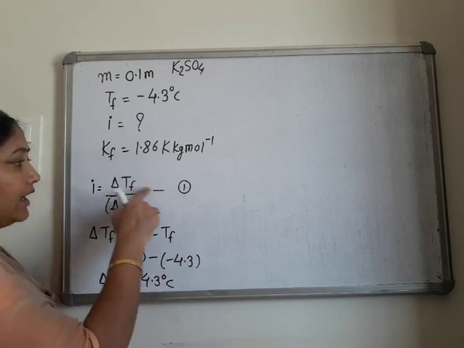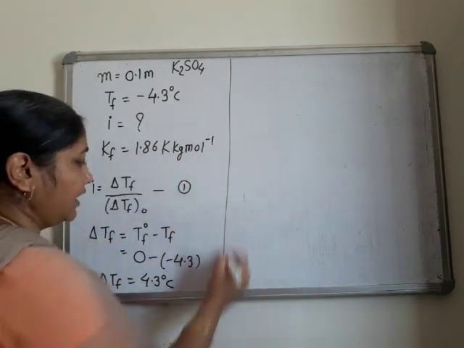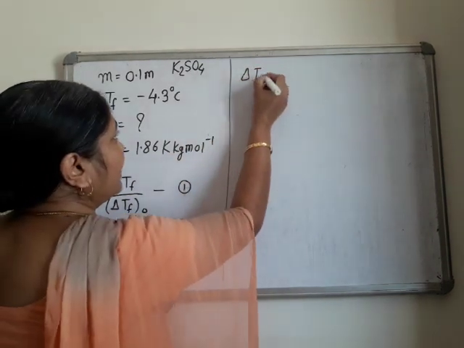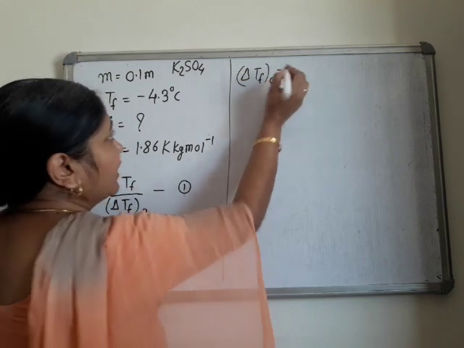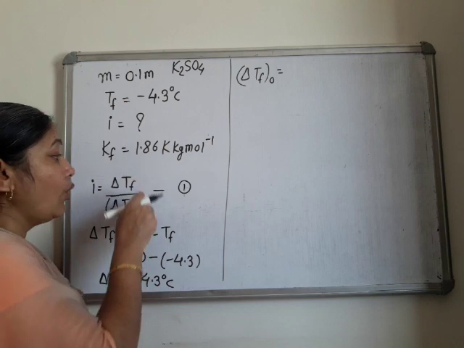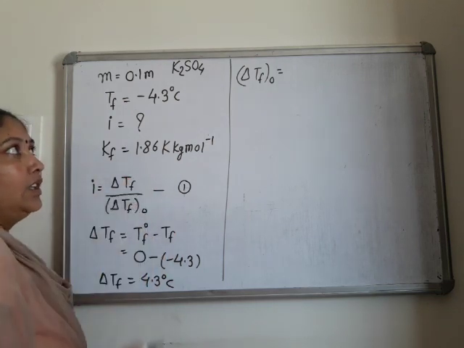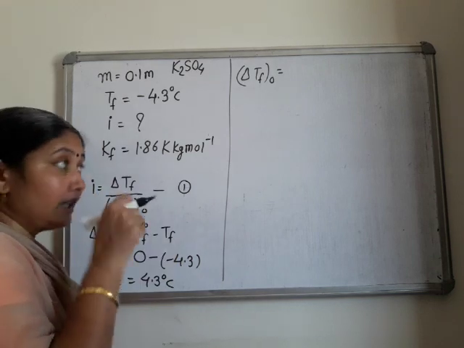This is delta Tf observed. Now we have to find delta Tf naught, the theoretical value. Remember, i is observed upon theoretical, O by T. Naught means standard, expected, theoretical value.